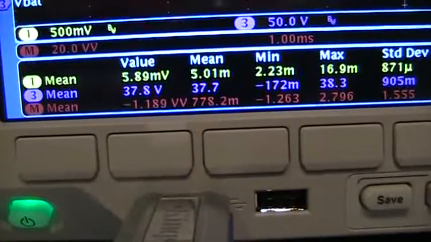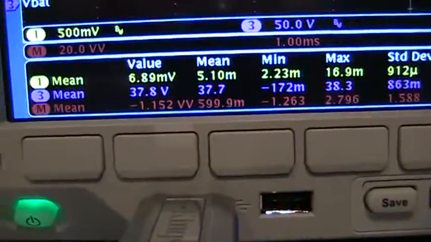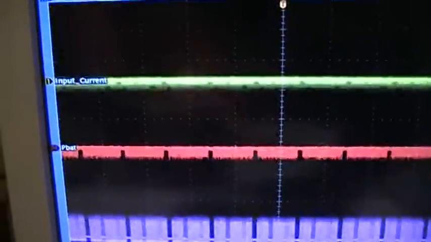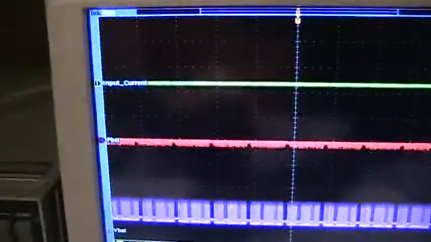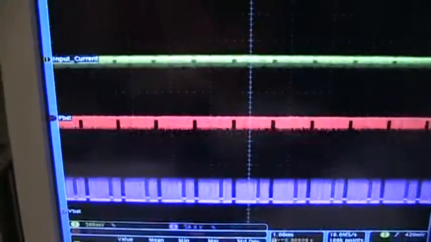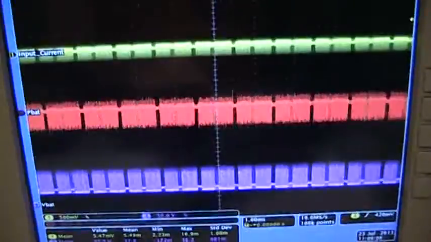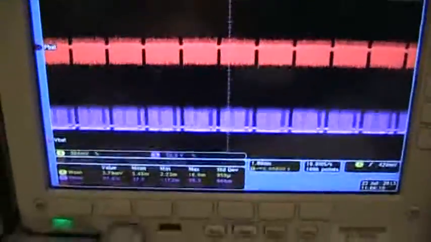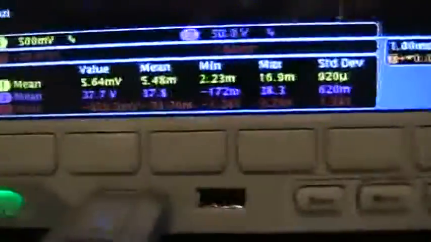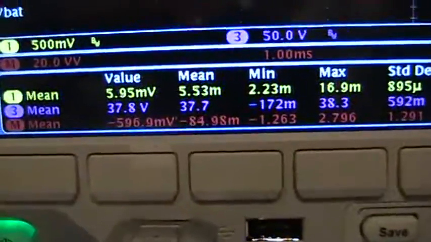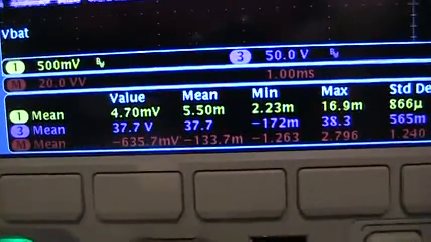Now it's showing a negative 1.2 watts. There's the display. Okay, and I can just move the probe close and far, and the amount of induction changes. And consequently, so does the mean power value change.